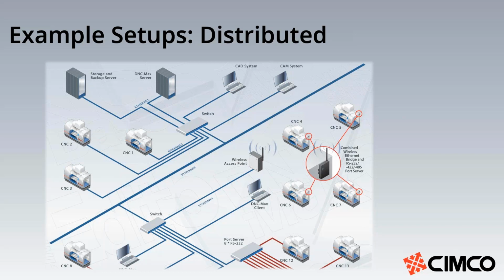As you can see in the screenshot here, you can have some CNCs hooked up by a switch. If some are in a different area of the shop that is hard to access, you can have wireless solutions. Any sort of setup you can imagine, we can accomplish with the Cimco product.